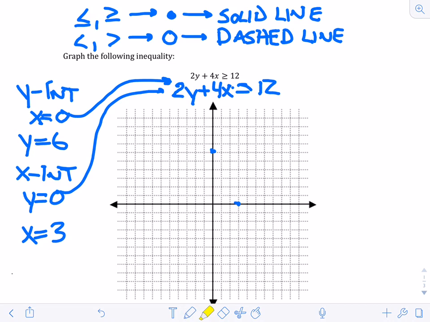However, we're dealing with an inequality, so now is when we need to start paying attention to that inequality again. We have that 2y plus 4x is greater than or equal to 12. So when we make our line, we want to use a solid line because we have the or equals attached to our inequality. So just like we've always done, we draw a line through the 2 points, and we're almost done here.